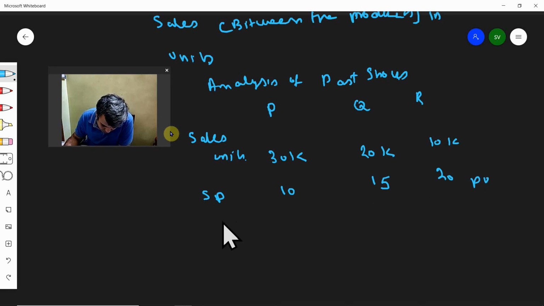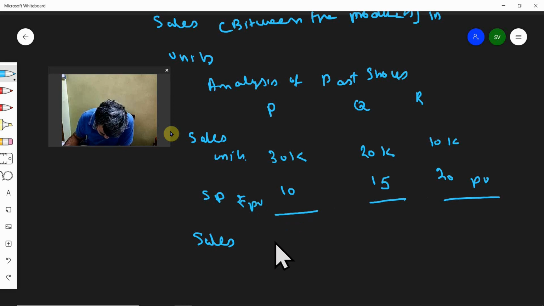Total sales will be: 30,000 into 10, that is 3 lakhs; 20,000 into 15, again 3 lakhs; and 10,000 into 20, that will be 2 lakhs.